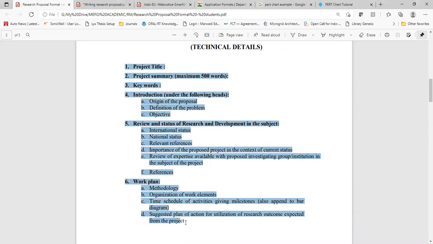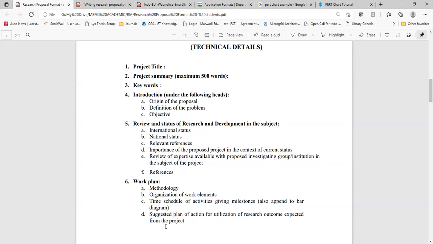From 1 to 6. Now, see, you can use any template or anything in order to complete this.